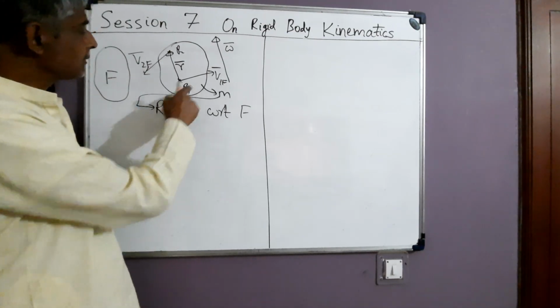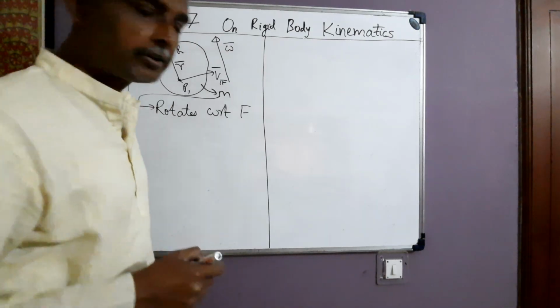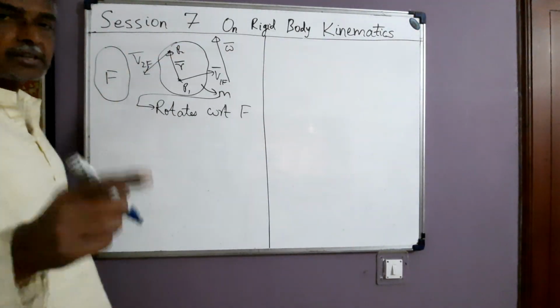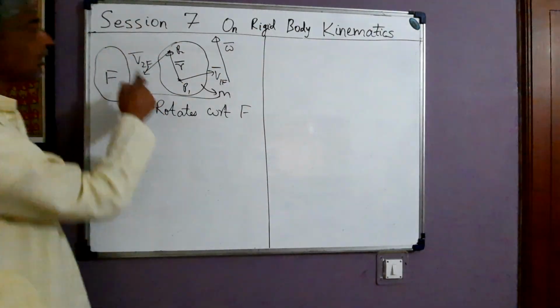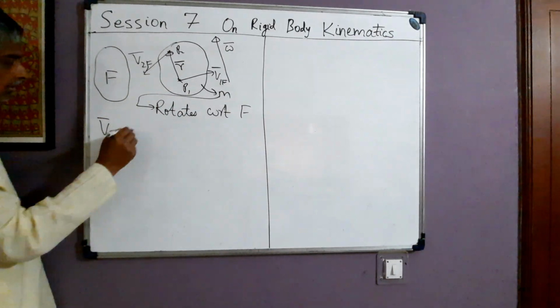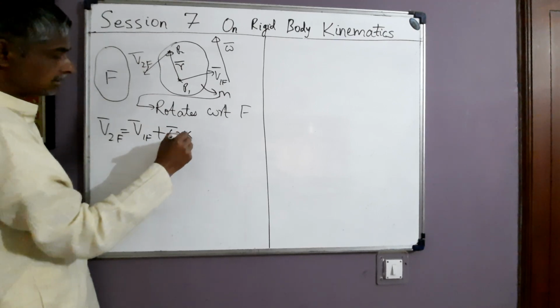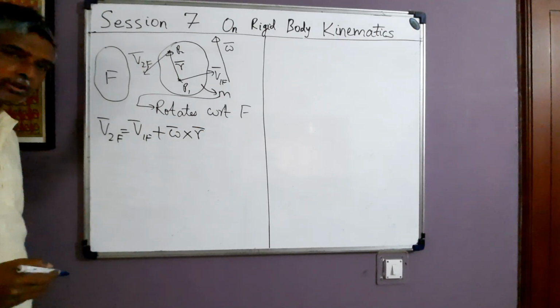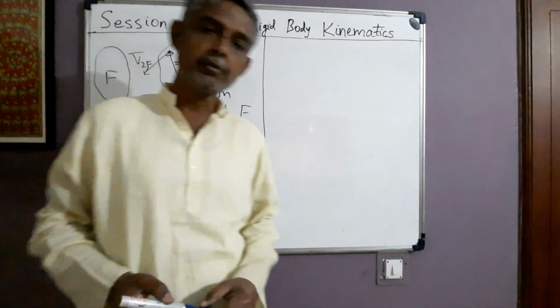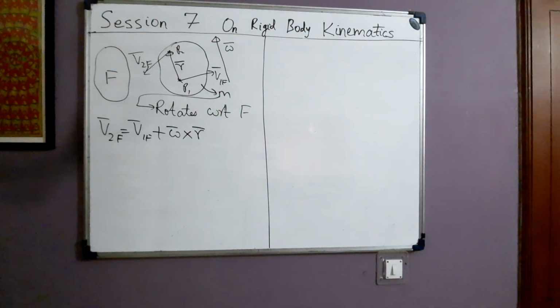Since M rotates with respect to F, in general V1F and V2F are not the same, they are different. As discussed in the second video, V2F and V1F are related via this equation: V2F is equal to V1F plus omega cross R.